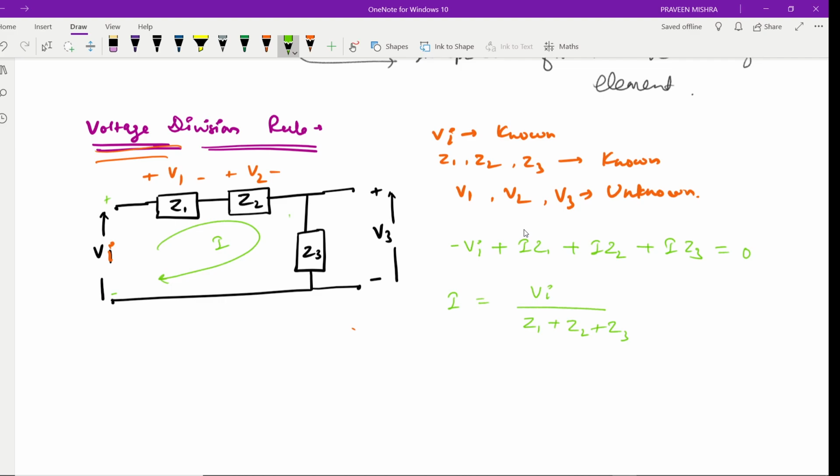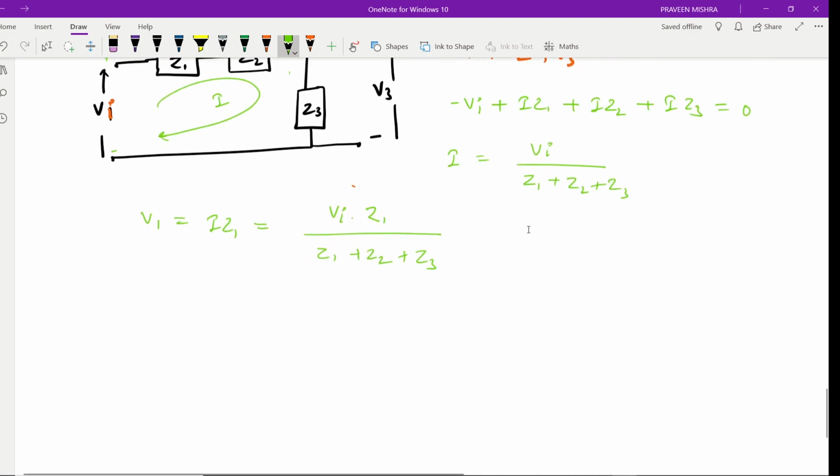Okay, and what will be V1? V1 will be I into Z1, so it will be VI into Z1 upon Z1 plus Z2 plus Z3.